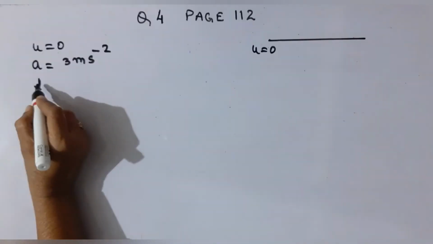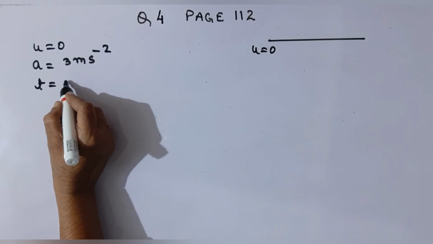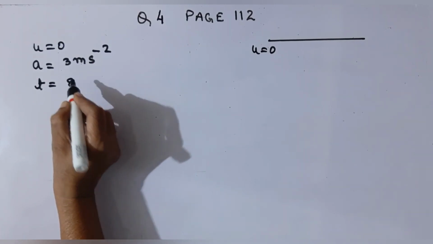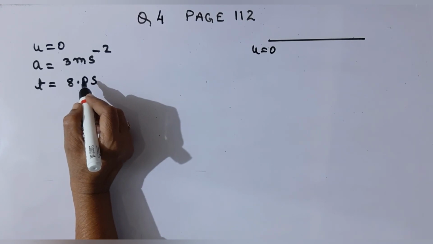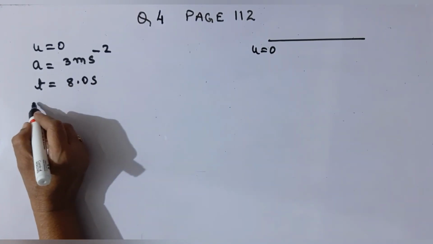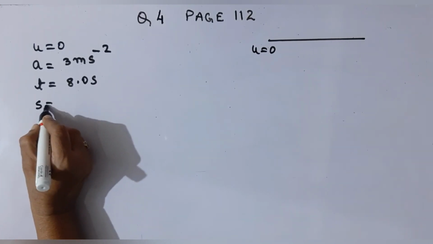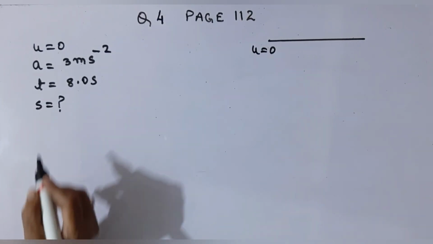And the time is given to be 8.0 seconds, that is 8 seconds. How far does the boat travel during this time? How far? That means we have to calculate S.